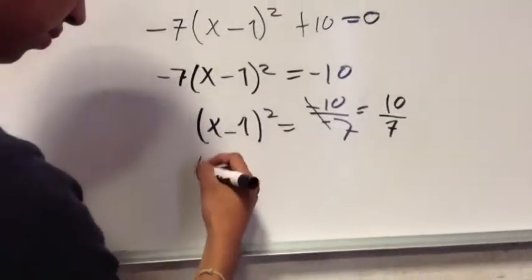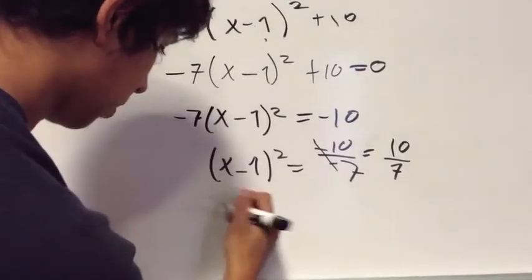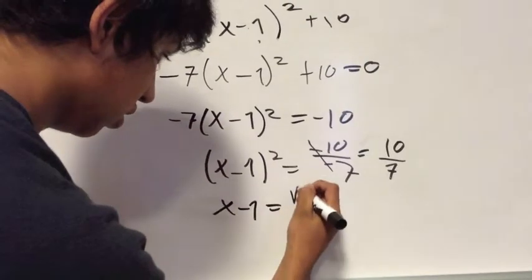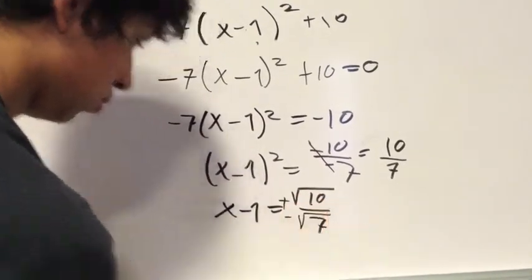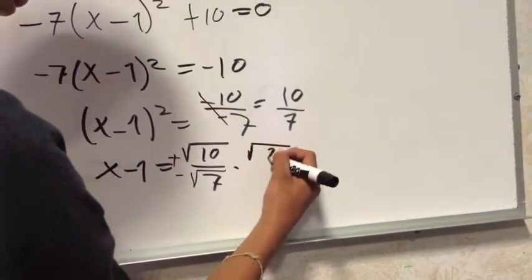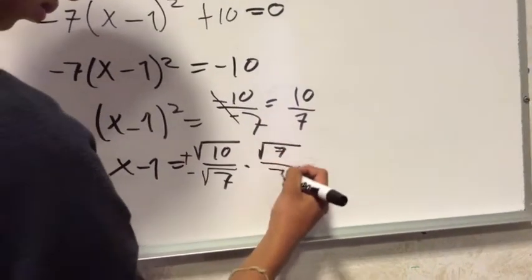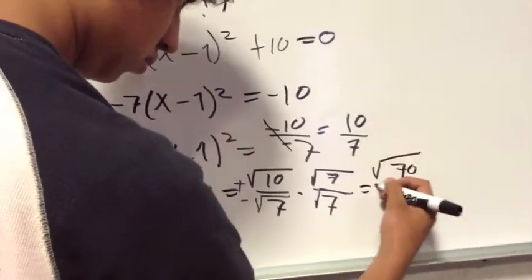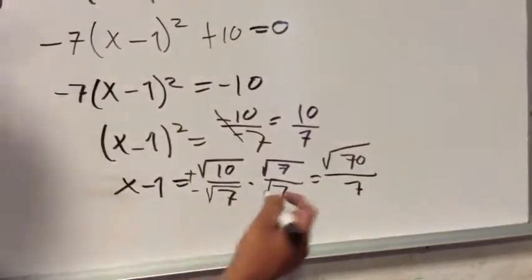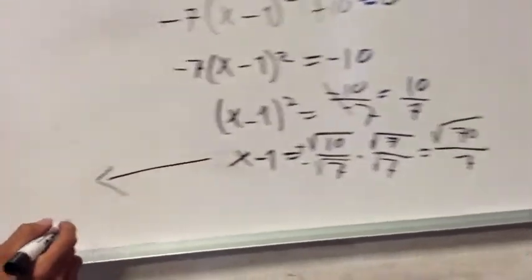Then x minus 1 equals the square root of 10 over 7, and we have to rationalize, so it is the square root of 70 over 7.